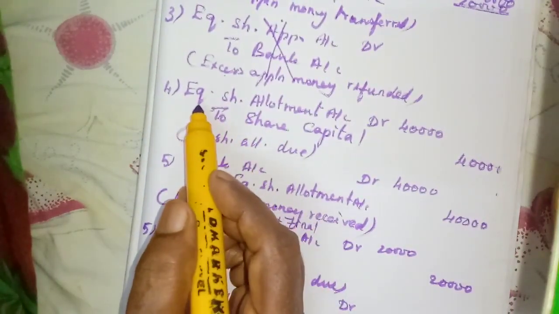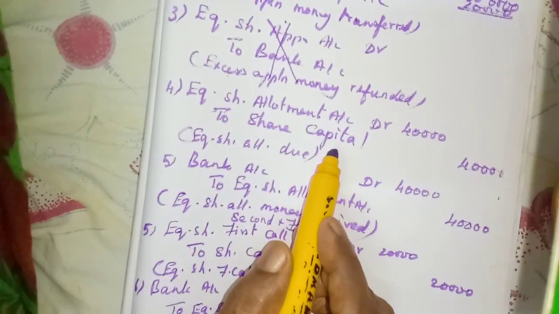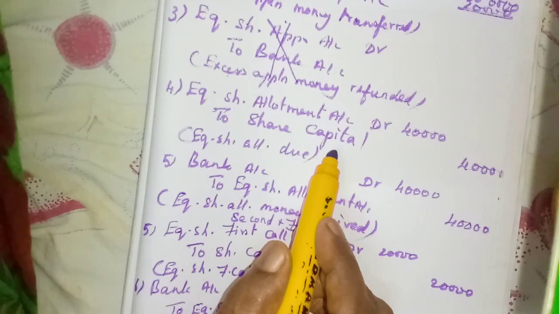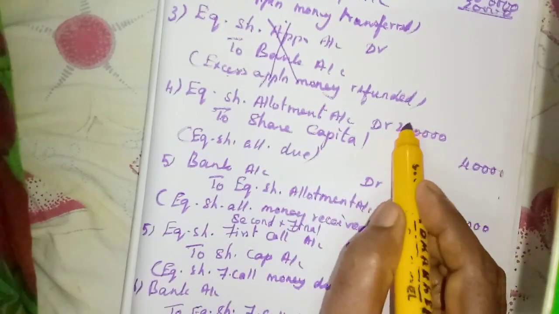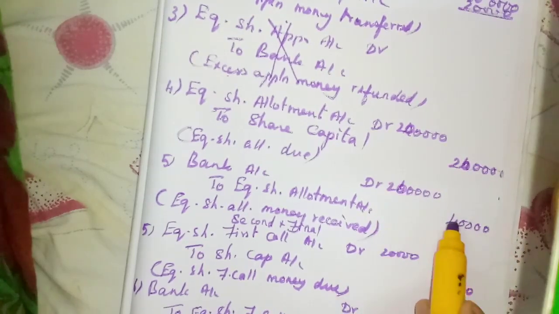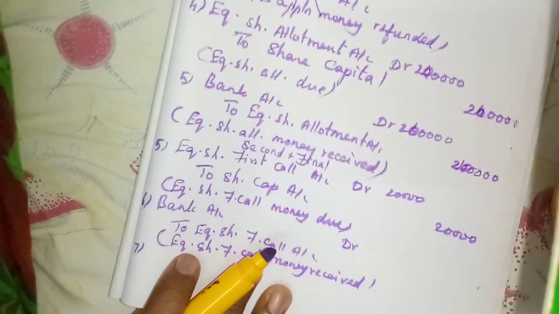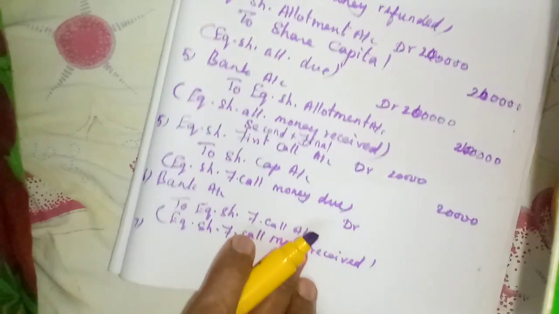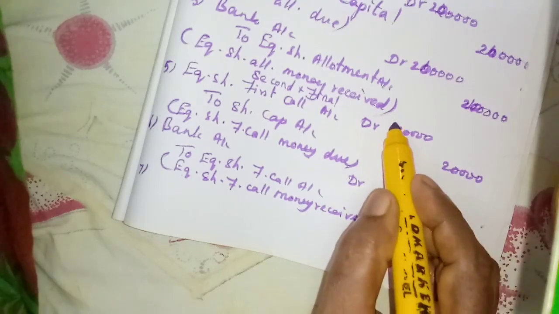Then the third one, equity share allotment account debtor to share capital. How much? 50,000 shares into 4. So 2 lakh. Okay, then first call, 2 rupees. 2 rupees into 50,000, 1 lakh.